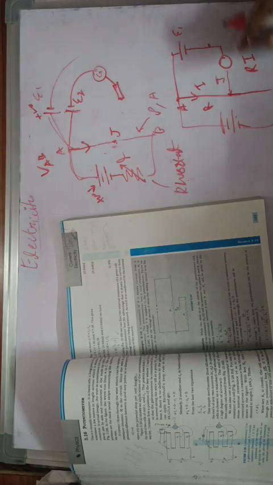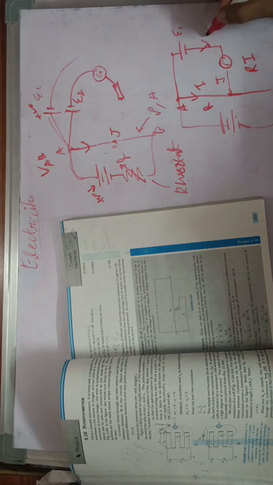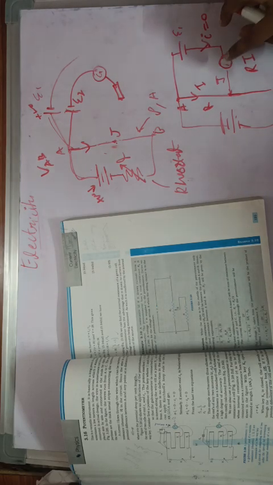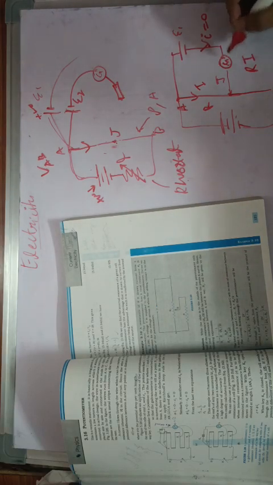And when the current becomes zero in this galvanometer, that means the needle deflection starts showing zero in this galvanometer.